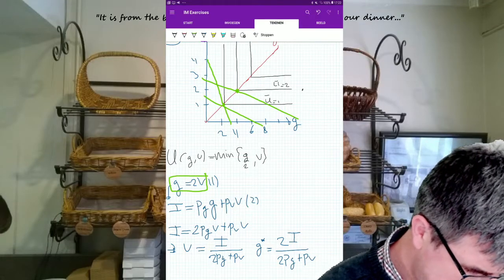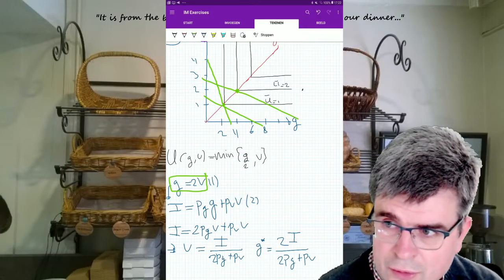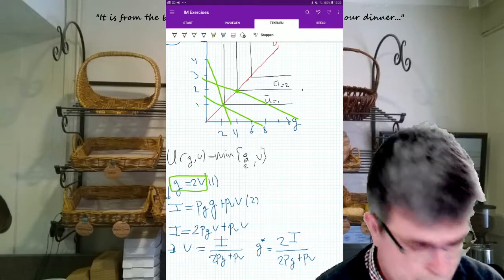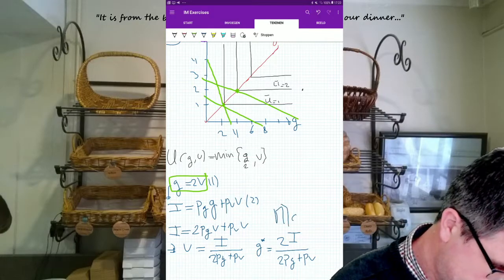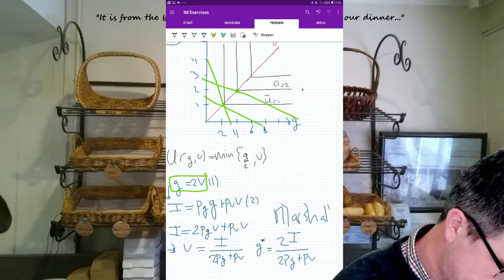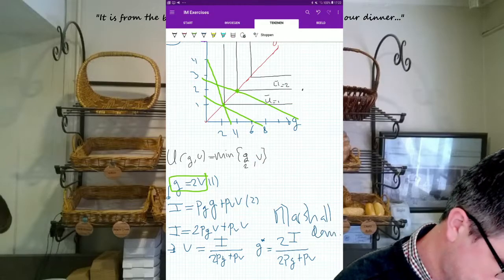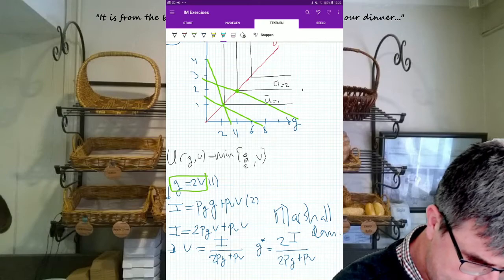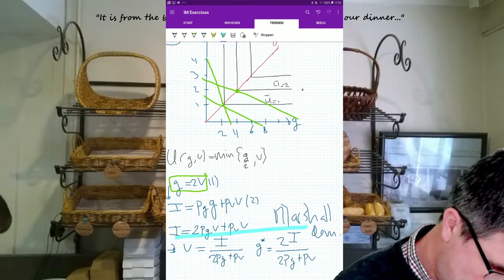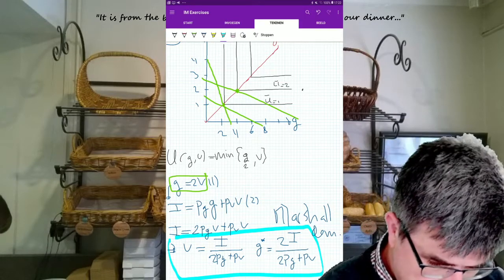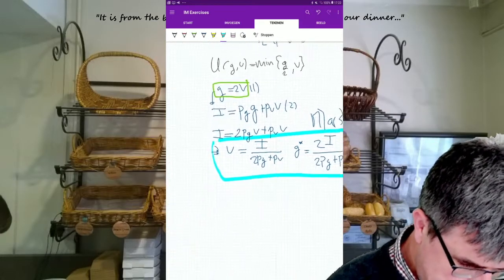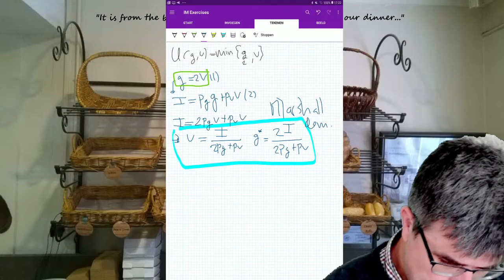And this is the Marshallian demand. So it's demand as a function of income and prices. Okay, that's question B.